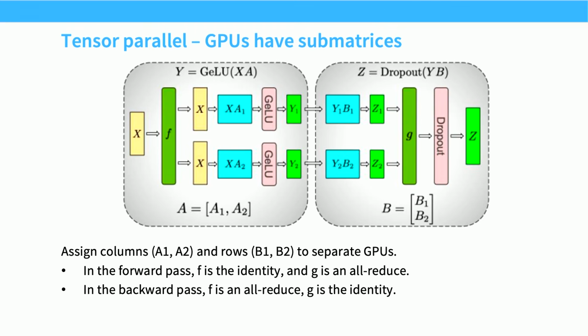But in the backwards pass, as I'm doing my gradients, this is going to flip. My g is going to be an identity, because the partial derivatives are coming backwards. And then my f are the partials that I need to sum up in order to get my partial derivatives at the start of this module. So they flip, and this duality is important if you're going to write tensor parallel.